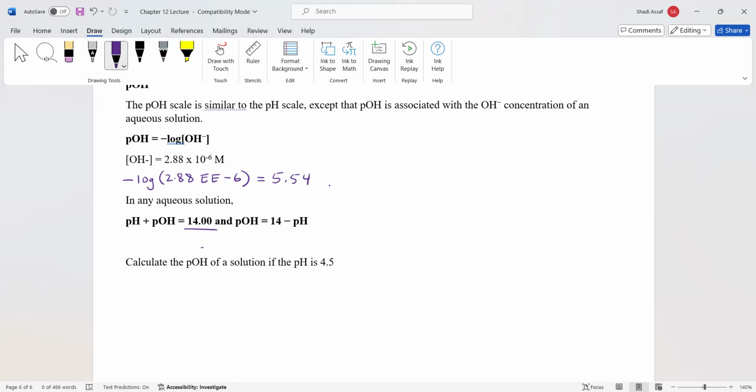So in this case, let's look at this question. Calculate the pOH of a solution if the pH is 4.5. So we're going to write the equation down. pH plus pOH equals 14. We're given the pH, so that would be 4.5. So I'm going to subtract 4.5 from each side.